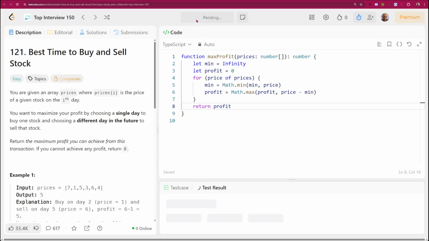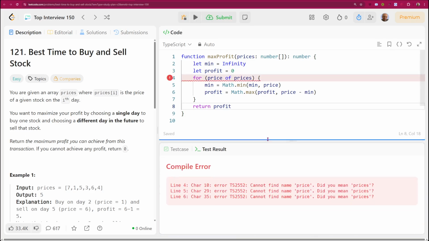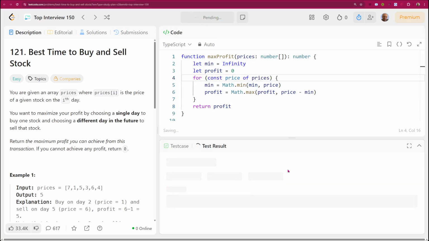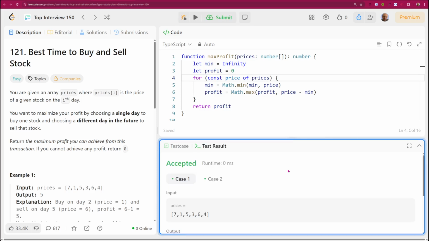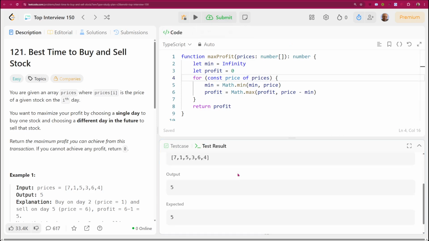This is done. Let's try this. Okay, cannot find price. Sure, of course. Let's see. Now, this passed pre-tests.